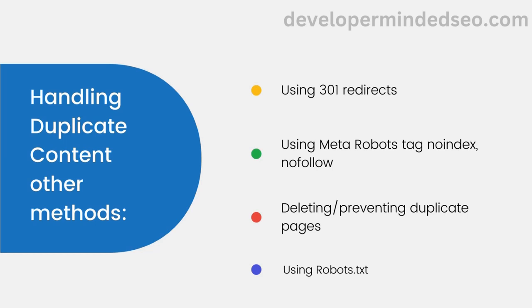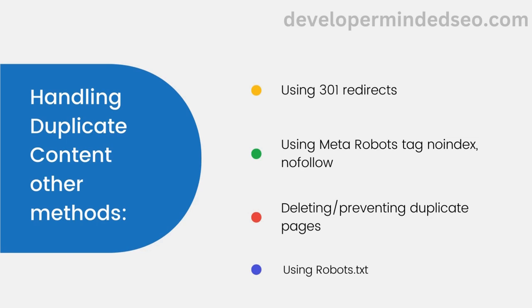If any noindex or nofollow code is applied in the head section of the HTML code, then Google ignores that page, and it will not index it or make it appear on the search engine result page. Another best way is to delete that page.